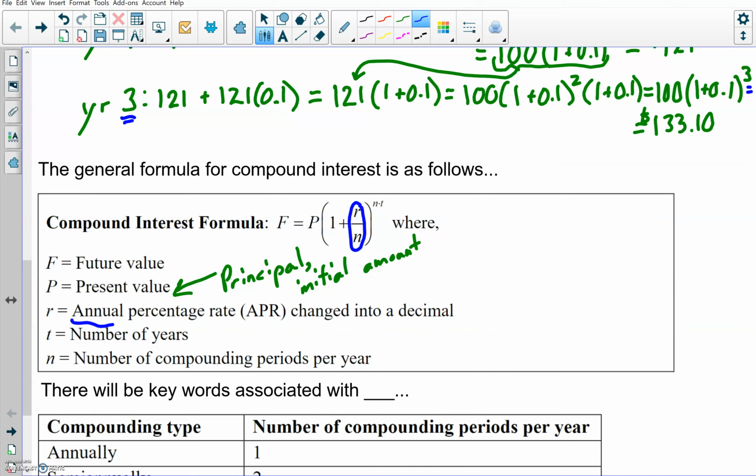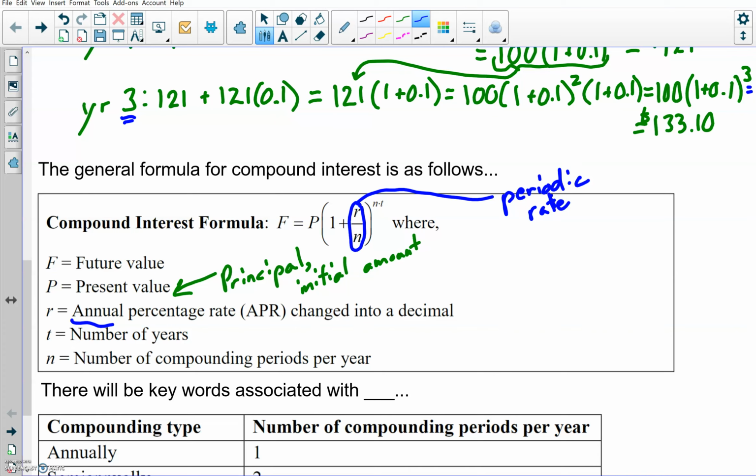That's not how it works. So this r over n is really the periodic rate. So they divide it by the number of compoundings per year in order to get the actual rate per month, or maybe the rate per week or per quarter.